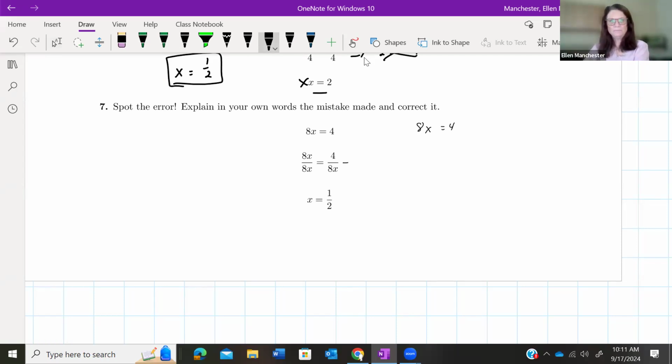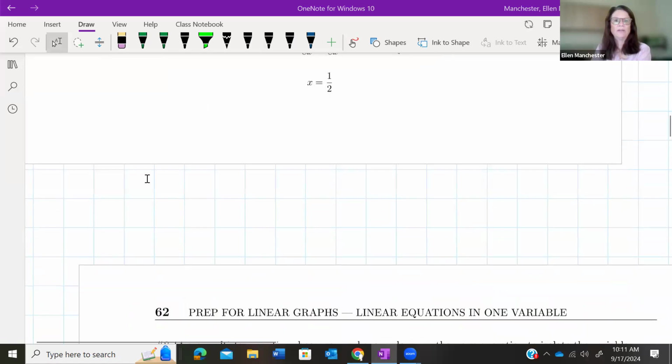Because with this one, if I do this, it becomes 1 equals 1 over 2x. Well, this doesn't make any sense, right? Because you haven't changed anything. So remember, you're only dividing by the coefficient, because you want to get that out of the way, and x equals 1/2. Okay. So those are two super common mistakes that I've seen.